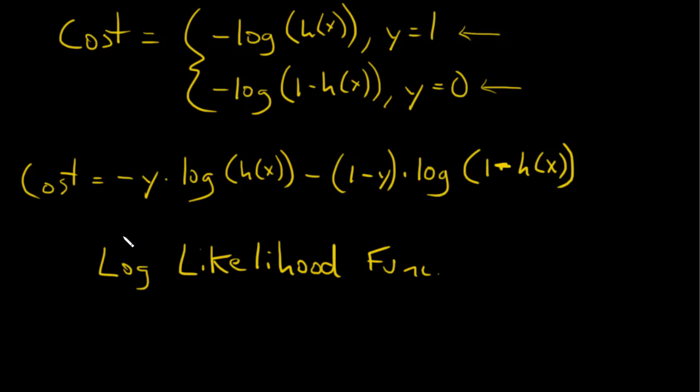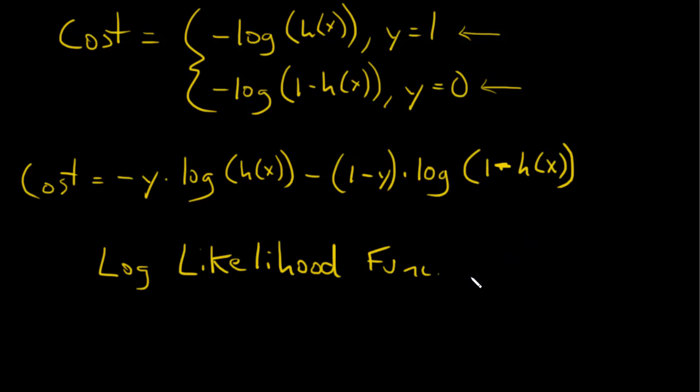So this combined function is incredibly elegant. It's one of the nicest tricks I've ever seen in math, to where I can have this combination function, and depending on whether y is 1, it'll use this piece, or if y is 0, it'll use this piece, and it will eliminate the other. That's a nice trick.